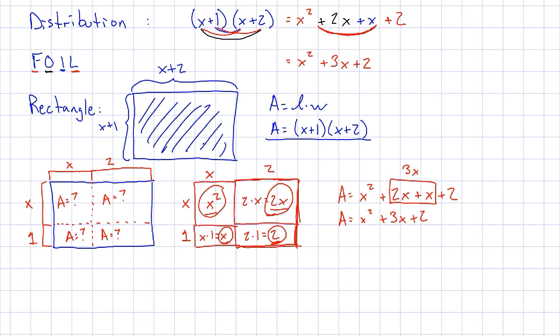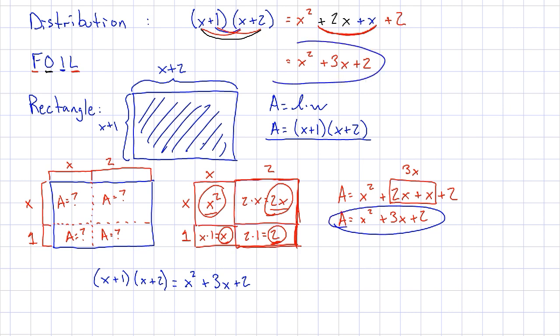So how I would write this if I were asked to distribute is I would say, well, this original component, x plus 1 times x plus 2, is equal to x squared plus 3x plus 2. So we have here, in more than one way, we're able to achieve this answer.